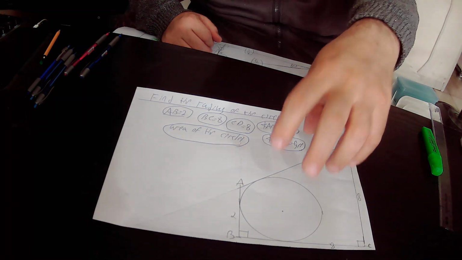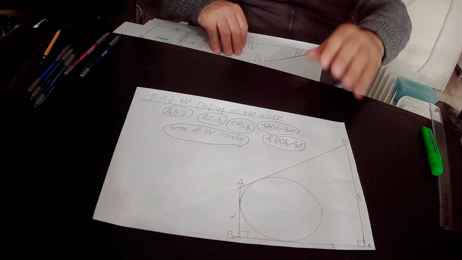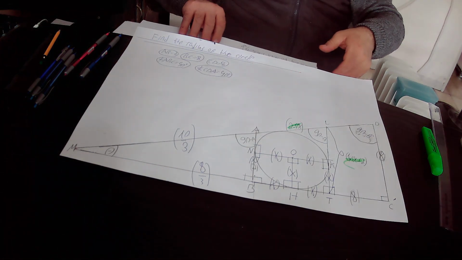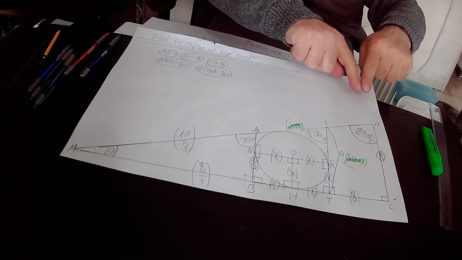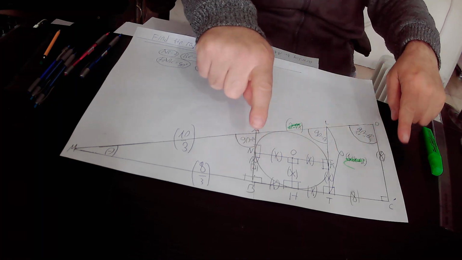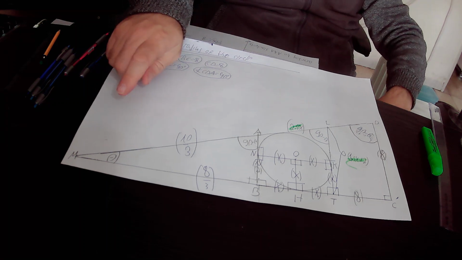Our mission is to find out the area of this circle. In order to find out the area of this circle, we did a construction, that is to say, we extended side DA and side CB of this quadrilateral by a straight line until they touch each other.